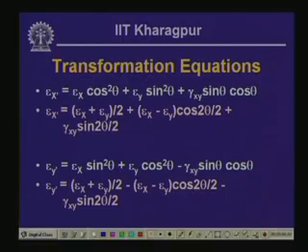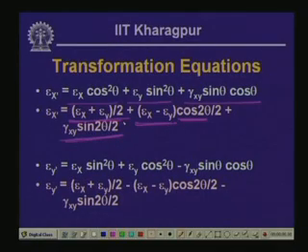These are the values which we have just seen: epsilon x dashed is equal to epsilon x cos square theta plus epsilon y sin square theta plus gamma xy sin theta cos theta, and in terms of cos 2 theta and sin 2 theta it is epsilon x plus epsilon y by 2 plus epsilon x minus epsilon y cos 2 theta by 2 plus gamma xy sin 2 theta by 2.